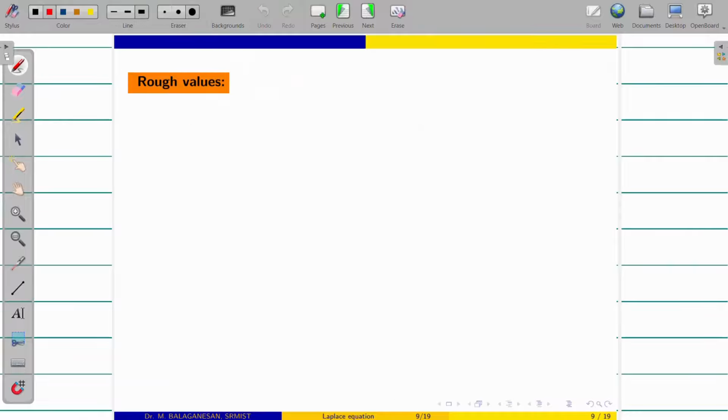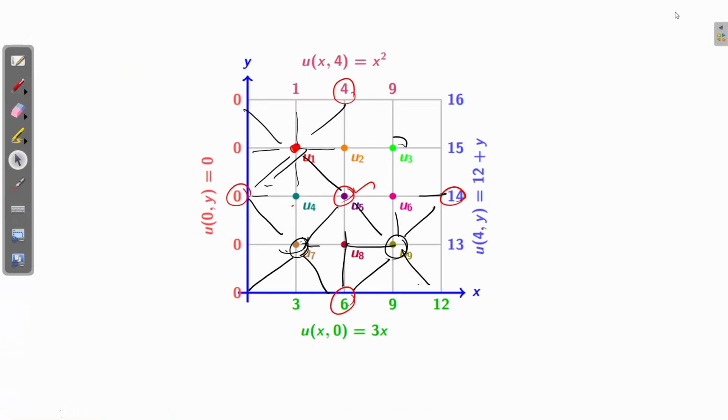Right. Now we know the middle value and the corner values: U1, U3, U5, U7 we know. Then we can find U2 with the help of the standard 5-point formula, and so U4, U6, U8 also we can use the standard 5-point formula.